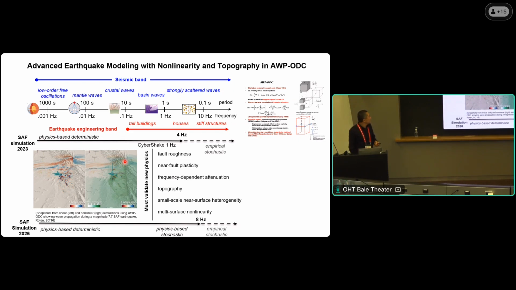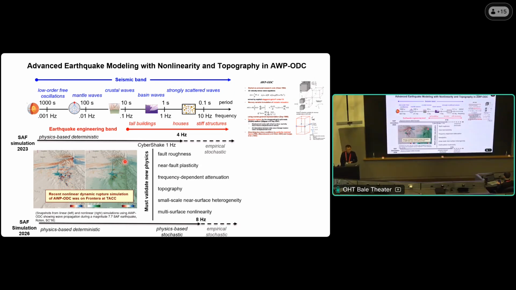The image we show here is from Supercomputing 2016, running linear and nonlinear simulation comparisons using the GPU code. Later, last year, we did a larger simulation at full machine scale at TACC using the Frontier machine. That's the first dynamic modeling combining dynamic rupture simulation and wave propagation simulation in a single step, using the ShakeOut scenario.